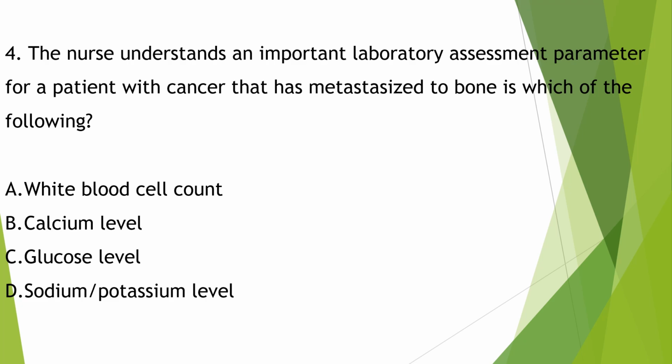Bone demineralization or resorption with the release of calcium into the systemic circulation occurs. So the increase in calcium level can be seen as a laboratory finding if the cancer has metastasized to bone.